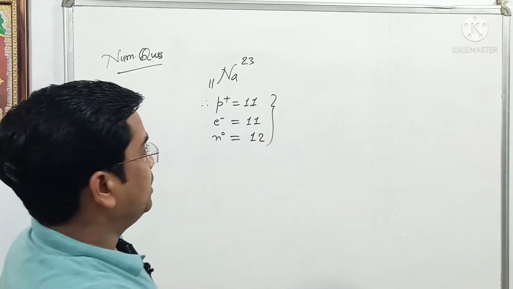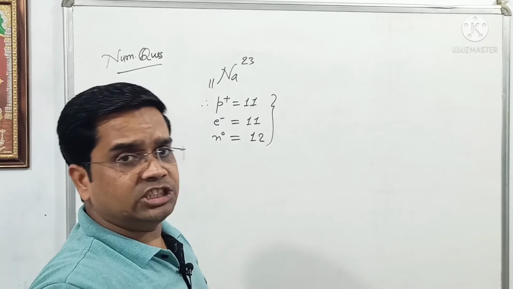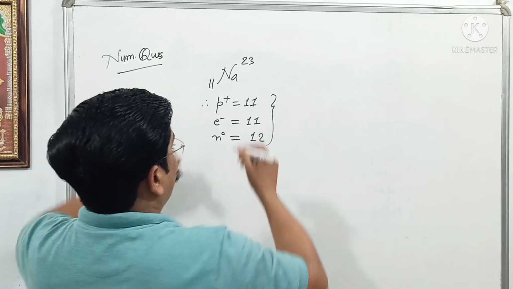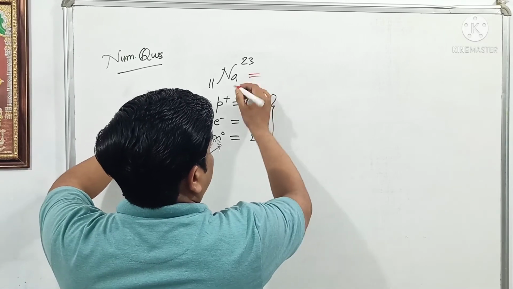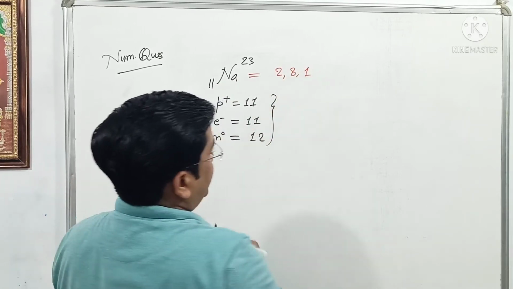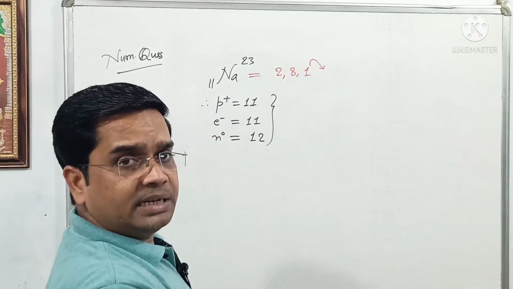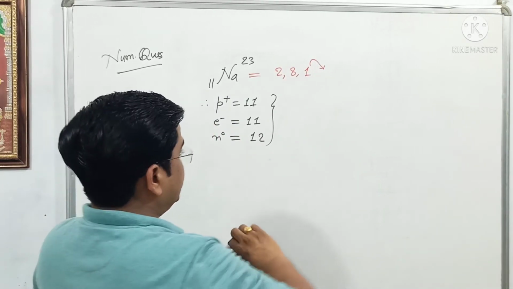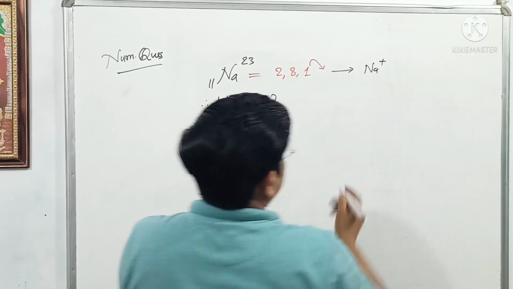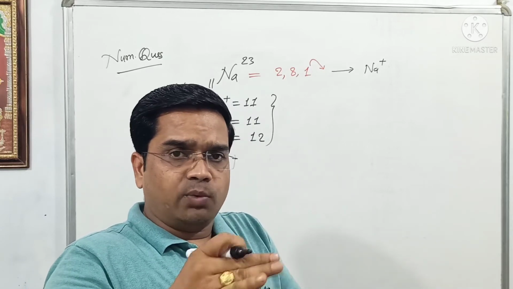Okay friends, but if one electron is released, then there will be one plus charge. Okay friends, you know, if we make electronic configuration of this sodium, then 2, 8, 1. If sodium releases one electron from its outermost shell, then it is transformed into sodium ion. Okay, one electron is being released, that's why one positive charge.